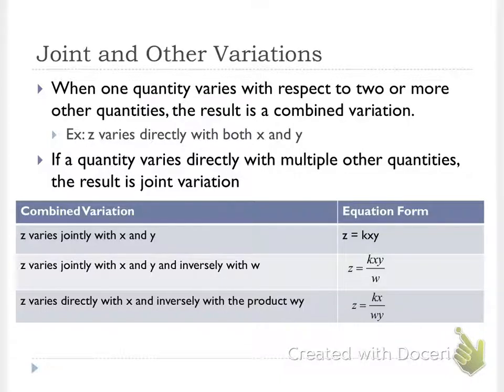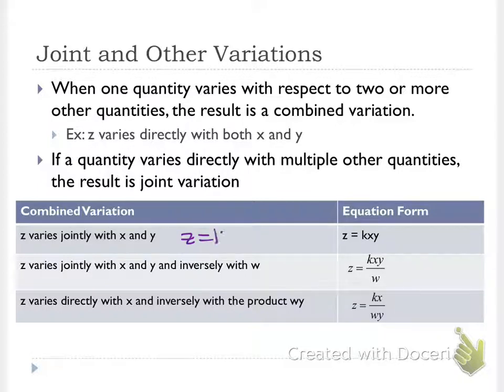So if you look at the first one, Z varies jointly with X and Y. Well, that's because it varies directly with X and Y. When I'm writing this, the first thing I want to do is look at Z varies. Z varies, so Z equals something. Jointly with X and Y. Jointly and directly, they're both in the numerator.